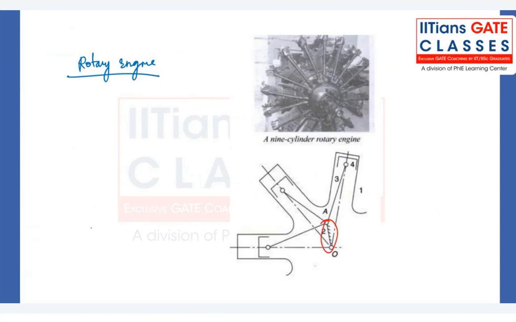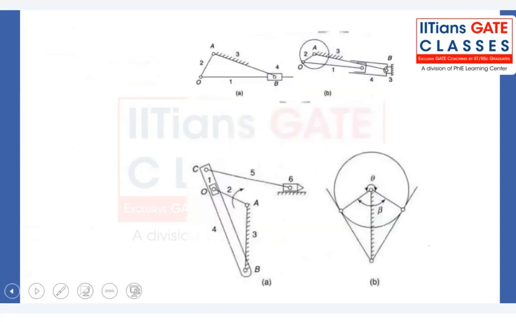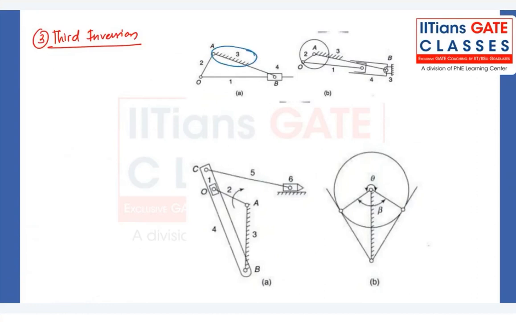The third type of inversion is where we are fixing link number 3. Whenever you fix link number 3, you can make the oscillating cylinder engine, or you can make the crank and slotted lever mechanism.